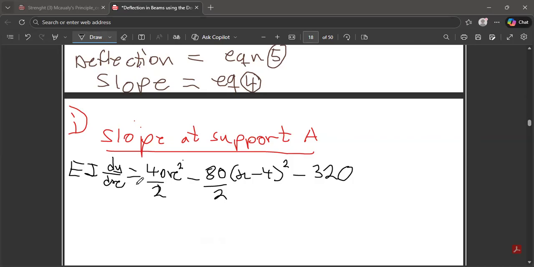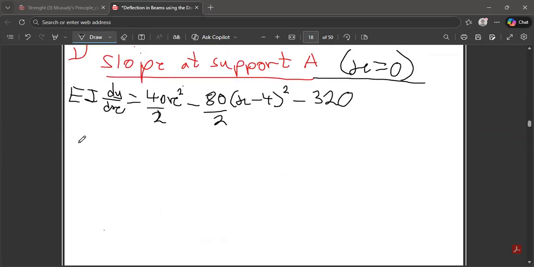So finally, what does this imply? At support A, x is equal to what? 0. Okay, there is no movement. So let's substitute that into the equation and then we proceed.